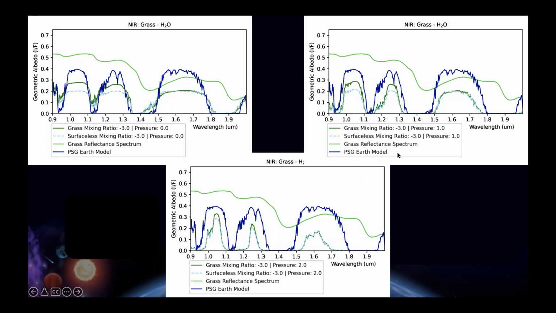You can see at around between 1.5 to 1.8 microns, and also at about 1.2 to 1.3 microns, there is something going on there that could tell us we're pretty sure that there's grass in there, but we're not sure. And as a surprise, the blue line is actually Earth's geometric albedo spectrum. So you could make the claim that maybe, just maybe, we are actually finding a grass feature within the Earth's spectrum, maybe.